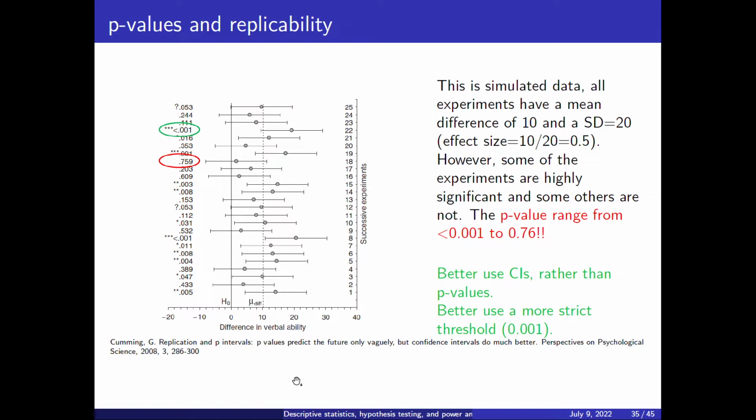However they measure that, there is a true difference because they are simulating the data. There is a true difference of 10, so the effect size is 10, but the standard deviation of the observations is 20. So we want to detect a change of 10 in a standard deviation of 20.